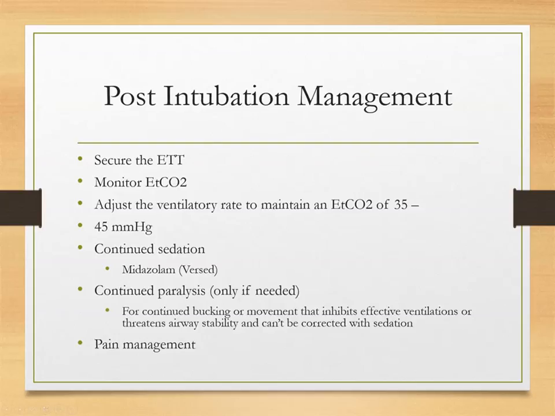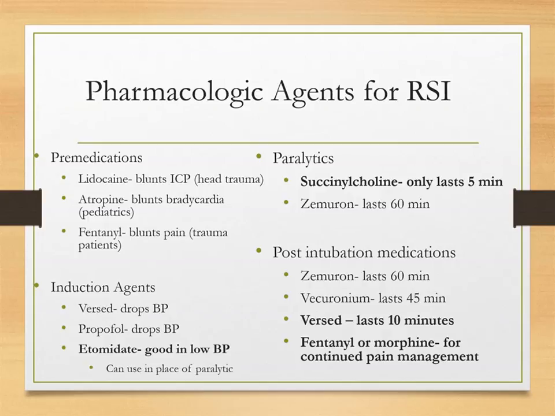Let's see, some pharmacological agents that we use for our RSI. This slide is just kind of a medication slide in a nutshell. So it talks about our pre-medications: lidocaine, atropine, fentanyl; our induction agents: your Versed, propofol, etomidate; your paralytics: the depolarizing neuromuscular blocker succinylcholine, and then your non-depolarizing neuromuscular blocker Zemuron.